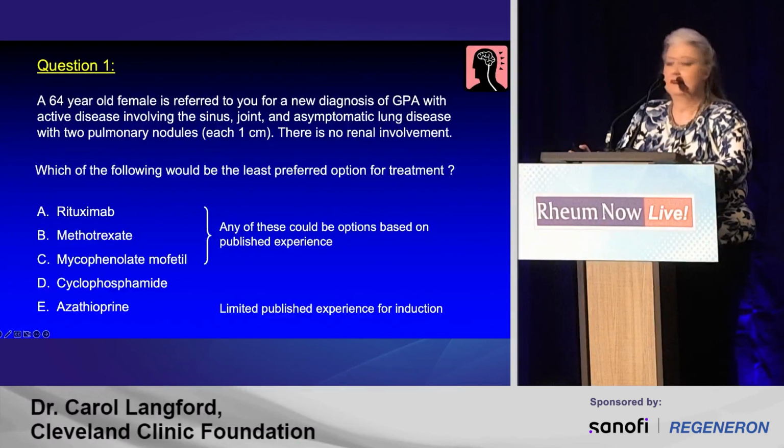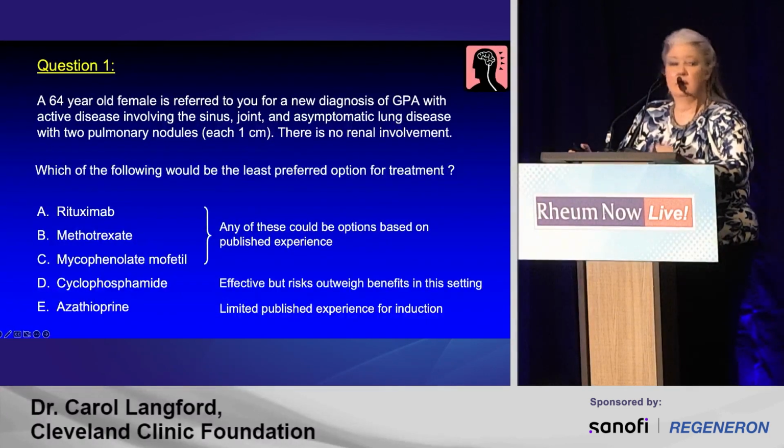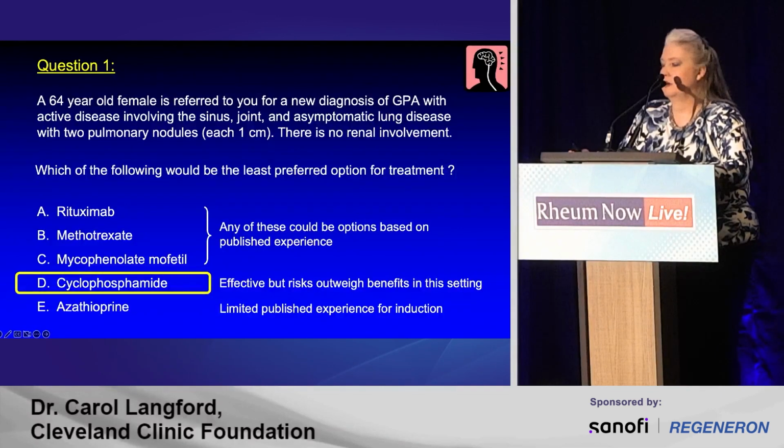Azathioprine is a good maintenance option, but there's limited published experience for induction. And cyclophosphamide, while an excellent and effective agent, in this particular setting, the risks outweigh the benefits. So while we have these other options available, cyclophosphamide would be my least preferred choice.